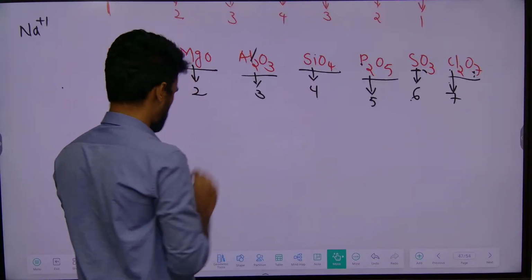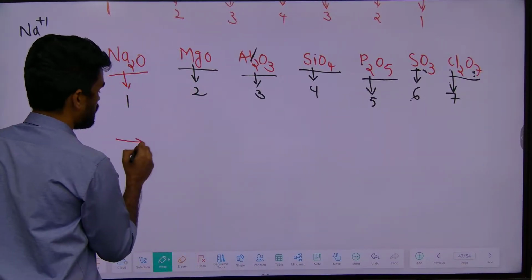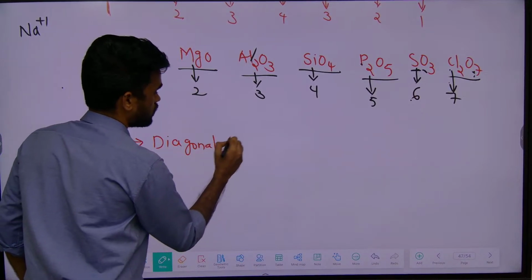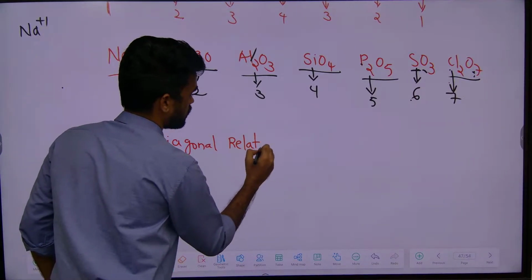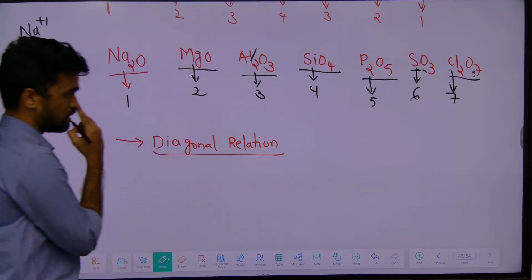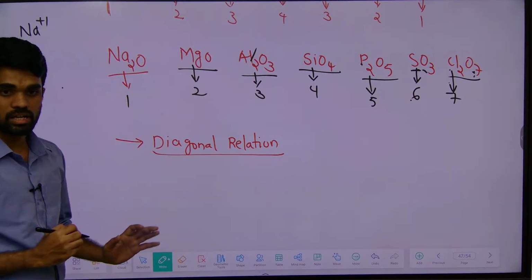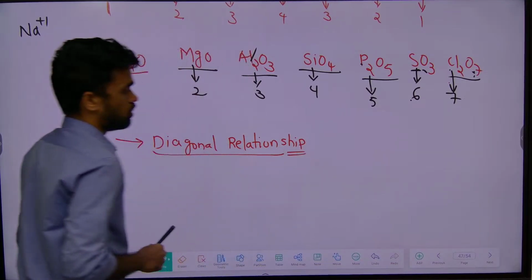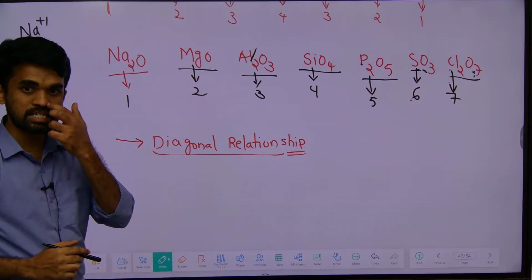Last one line we need to know is diagonal relationship. With this we can wind up the chapter. We need to do some questions. Diagonal relationship. Okay, so what do we mean by diagonal relationship?